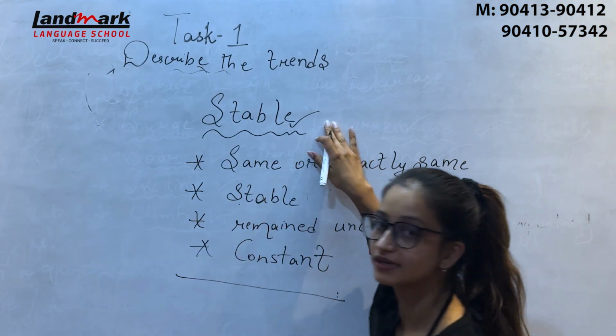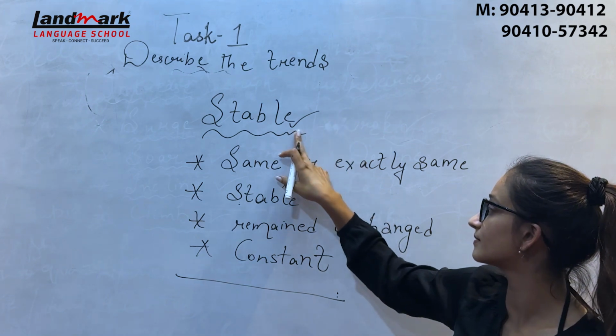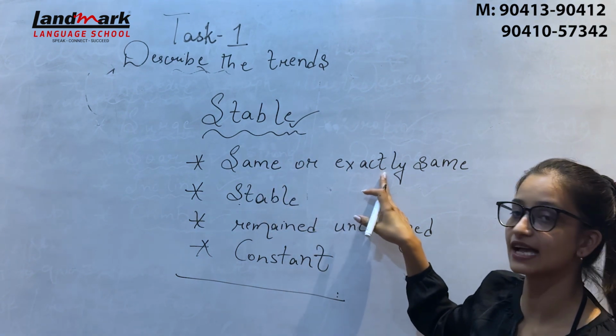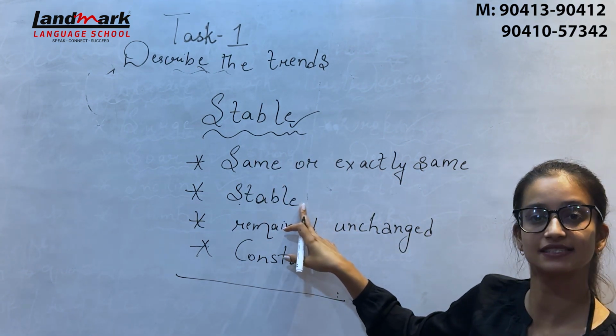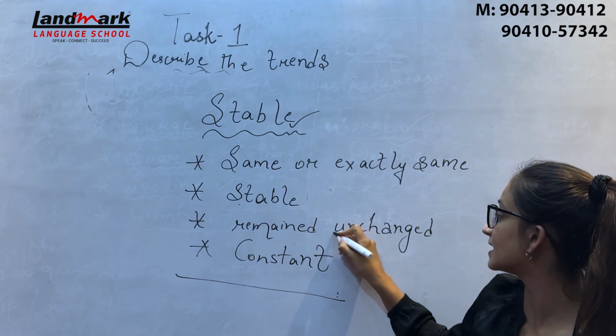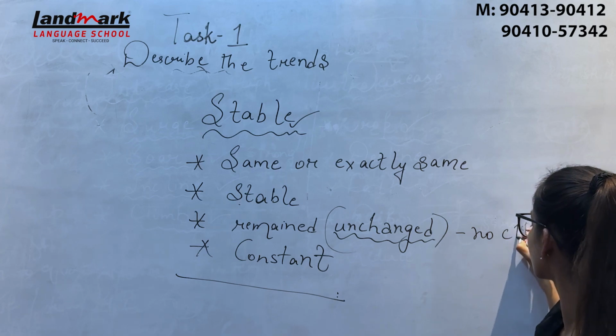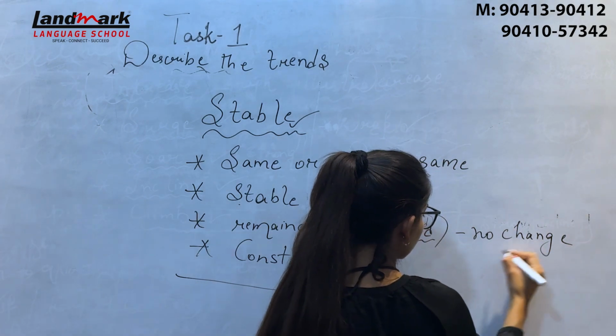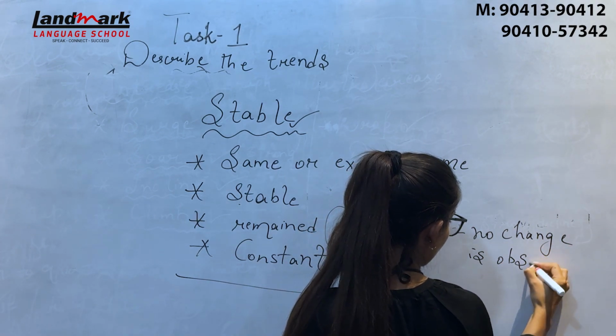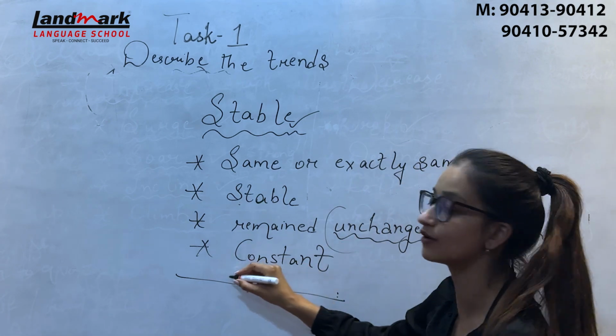So when the number is the same, we write same or exactly the same. The second one is stable. The third is remained unchanged, which means no change is observed. And yes, you can also write constant.